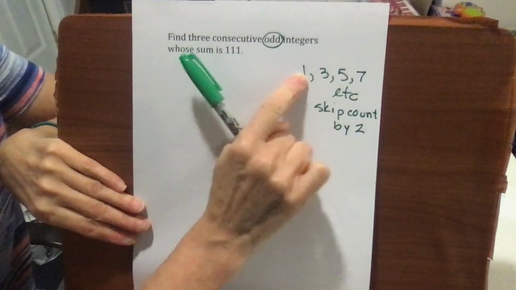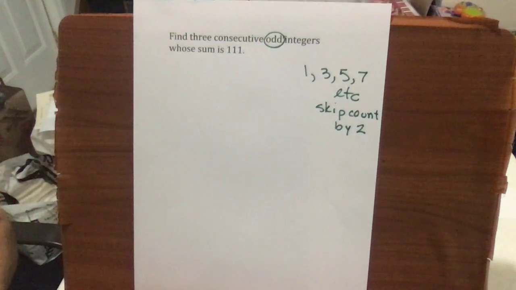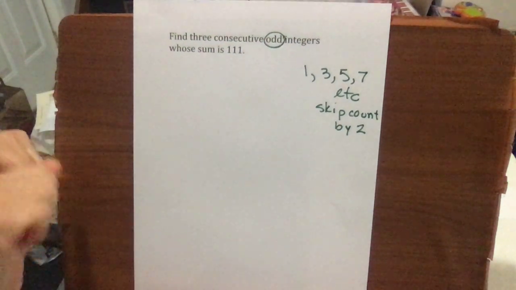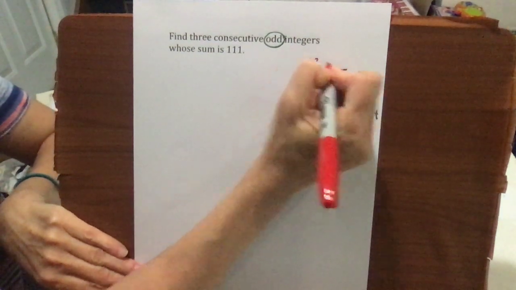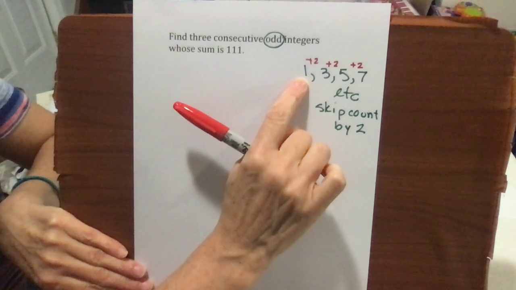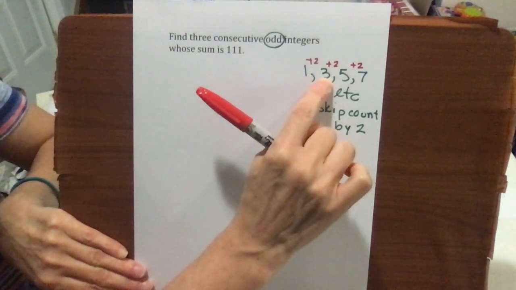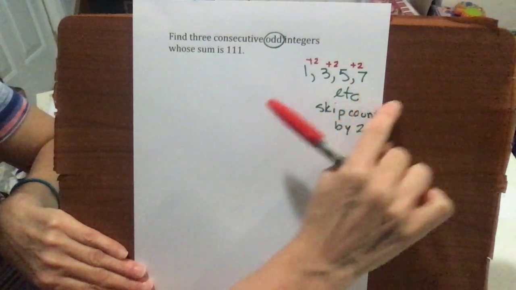So what do you add to 1 to get 3? You add 2. What do you add to 3 to get 5? You add 2. So you skip count by 2 here. So if your first one's the unknown, the next ones would still be like the evens: x plus 2, x plus 4, x plus 6, and so on.